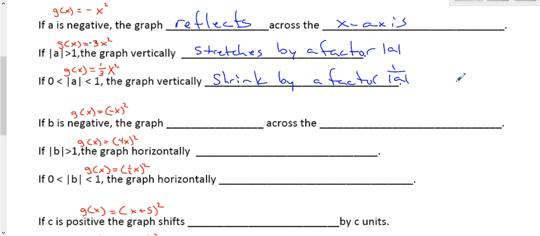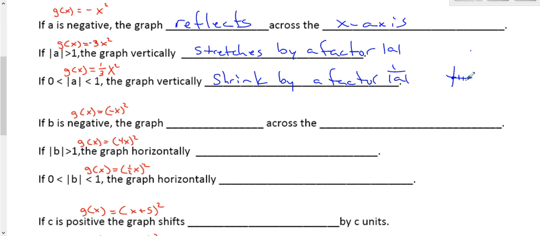So if I'm thinking about a graph, if I start at the origin, I usually would go over 3 and up 9, for example.